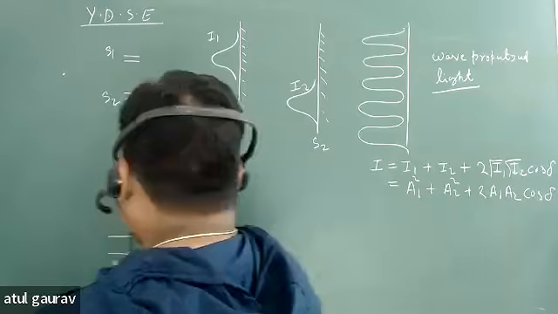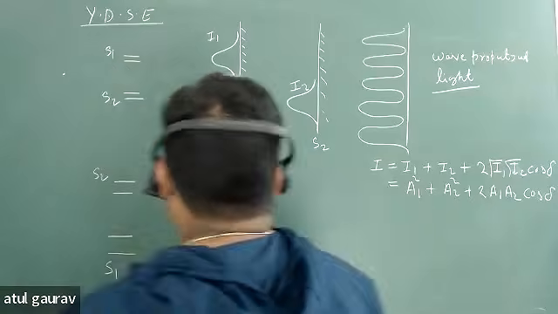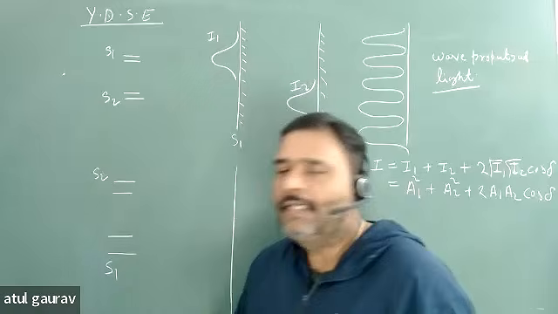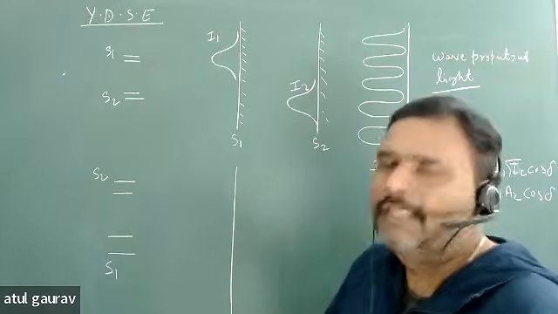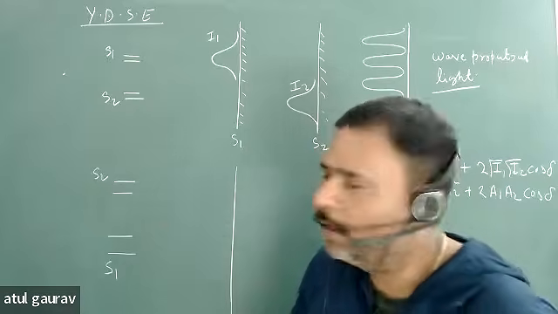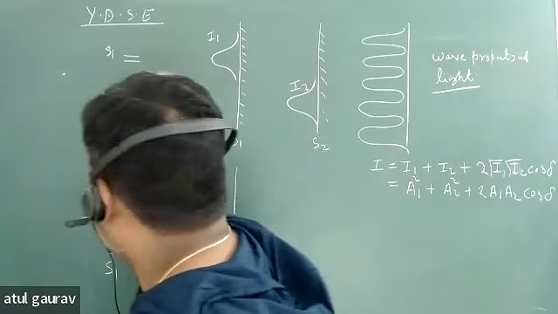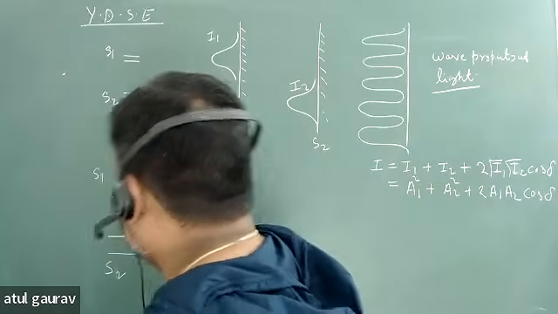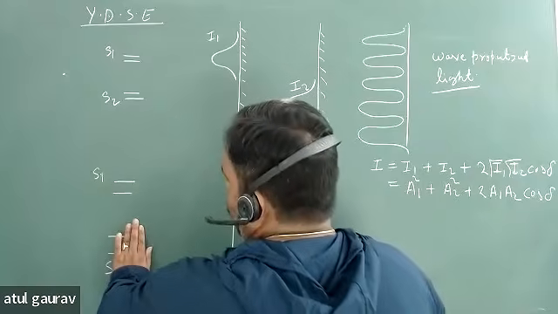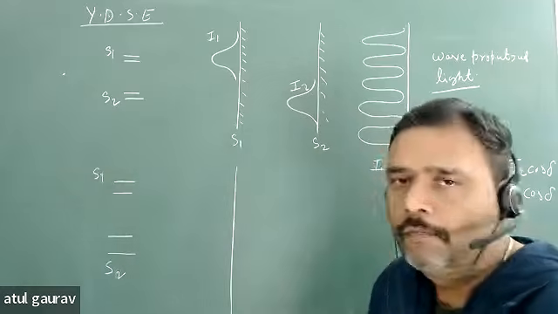Here is a screen. This is your slit S1 and this is your slit S2. Now, we are just throwing the marble ball continuously. Maybe you have some gun and you can just throw the marble ball from S1 as well as S2. If I will close this S2, all the marble ball will go from which slit?